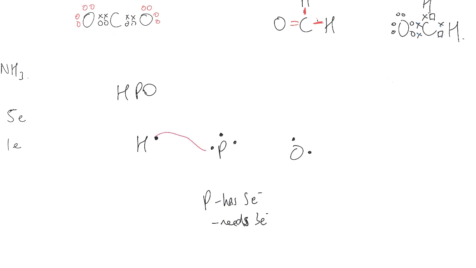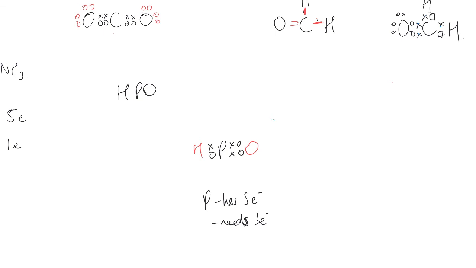Connect them together. Okay, this hydrogen gets drawn nice and close to that phosphorus with a line there, and then these lines get retracted, pulled in. Since there's 2 lines connecting that P and that O, I'll draw 2 lines connecting that P and that O. So therefore I replace each of those lines with a pair of electrons.